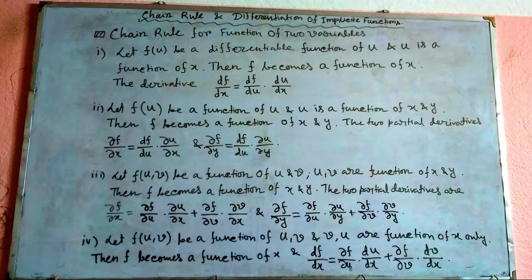See, when f is only a function of the single variable x, then the derivative of f with respect to x is denoted by df/dx, and when f is a multivariate function of x, y, z, t, etc., then the partial derivative of f with respect to x is denoted by del f/del x. The two things are totally different.